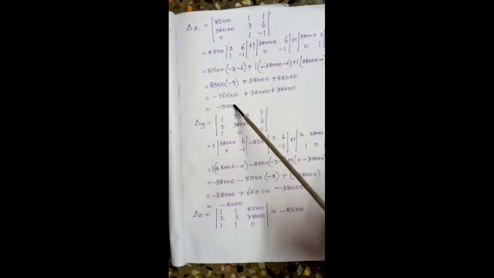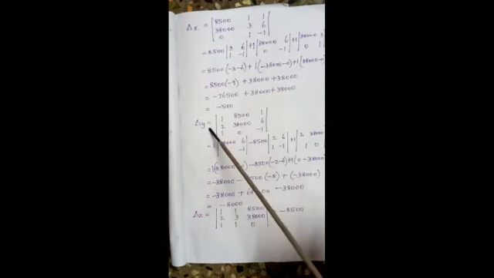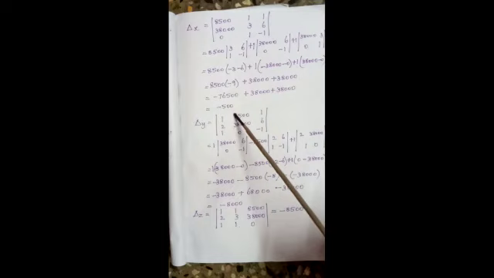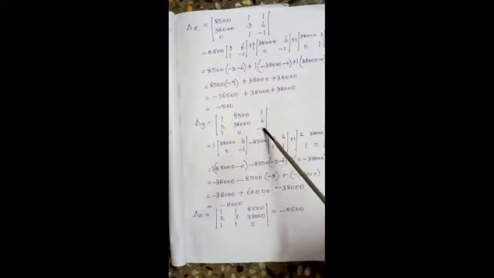After the simplification, we get minus 500. Delta y is equal to the determinant with x coefficients 1, 2, 1, replace the y coefficient with the constants 8500, 38,000, 0, and z coefficients 1, 6, minus 1. We get minus 8,000. Similarly, delta z is equal to the determinant with x coefficients 1, 2, 1, y coefficients 1, 3, 1 and the constants 8500, 38,000, 0. After the simplification, we get minus 8,500.